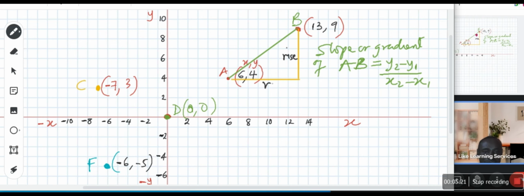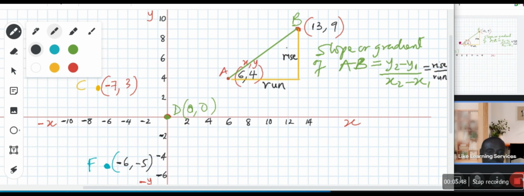The width is run. So you can also call gradient rise over run. So what is the height and what is the width for that line AB? You get the height from here to here, and then the width from here to here.